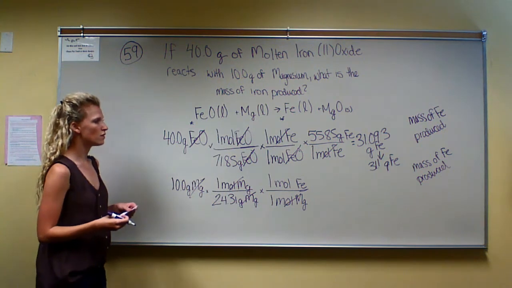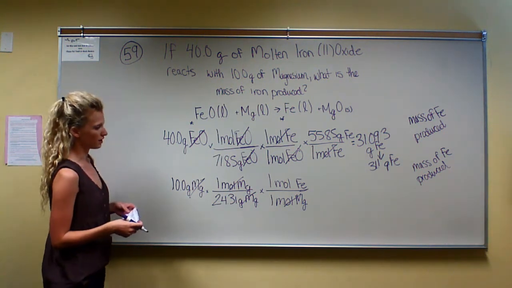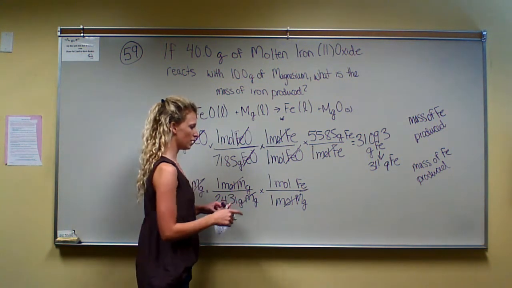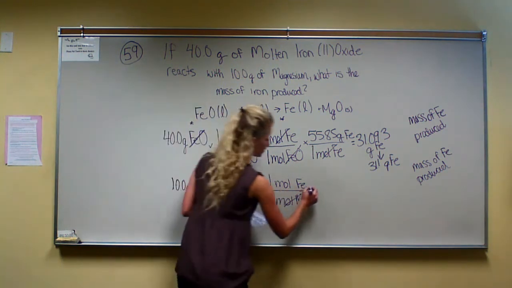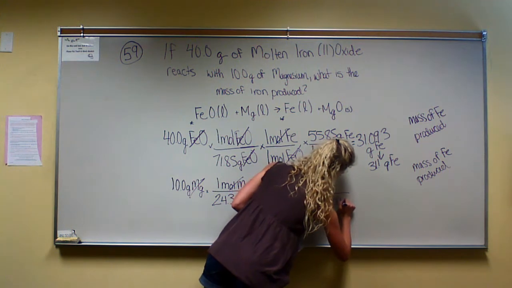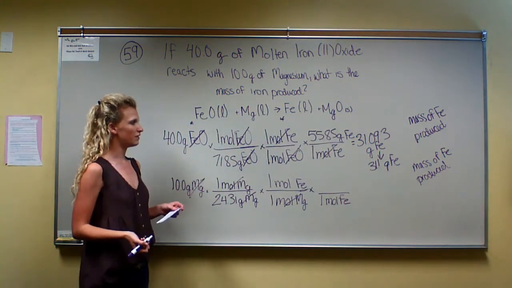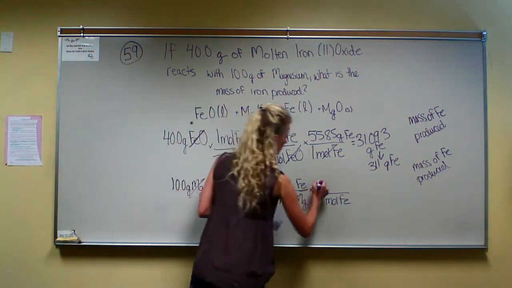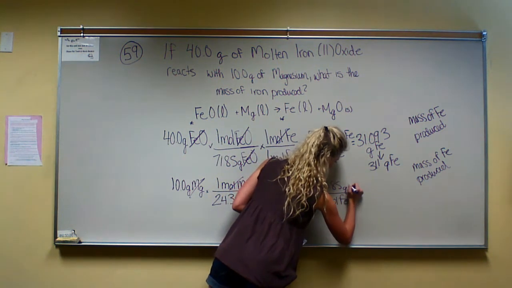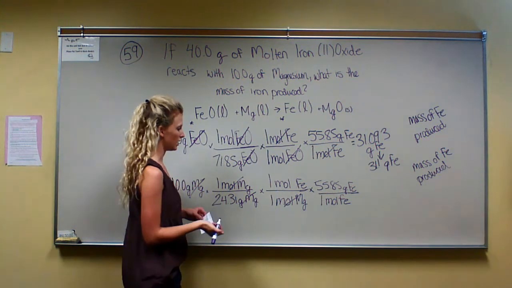Now we want to convert 1 mole of iron into the grams of iron, which will ultimately give us the mass of iron produced. In order to be able to convert it into grams, again, we need to cancel out this mole of iron. So we put 1 mole of iron in the denominator. 1 mole of iron is equivalent to 55.85 grams of iron, the molar mass, which was determined from the periodic table.